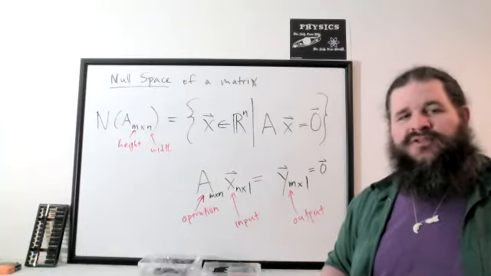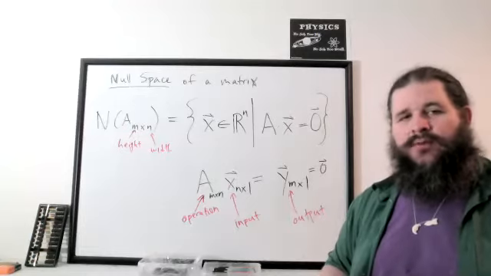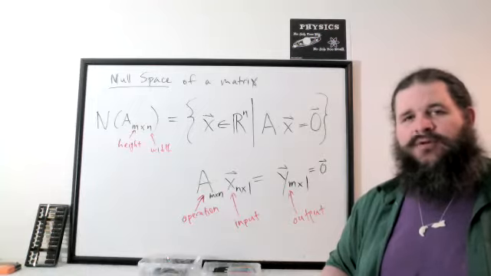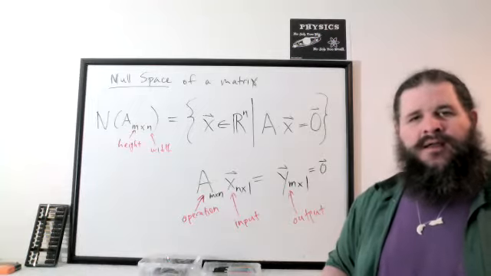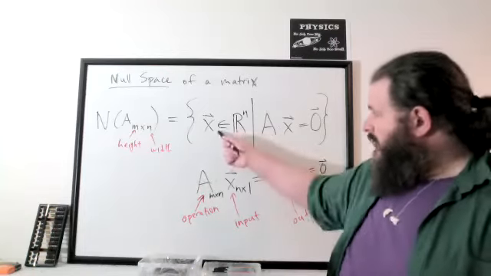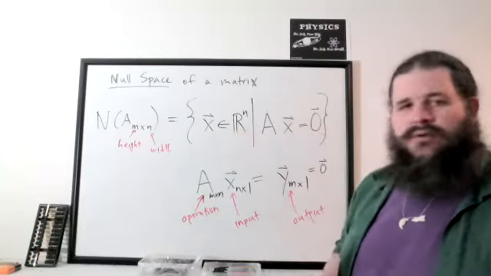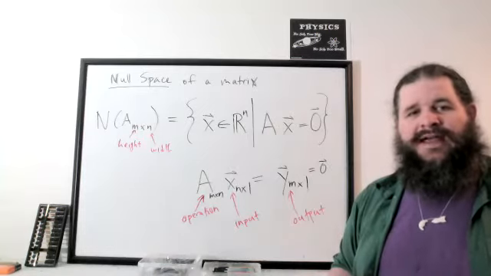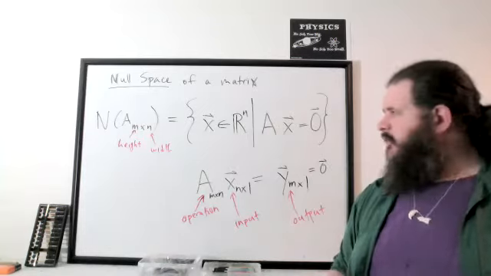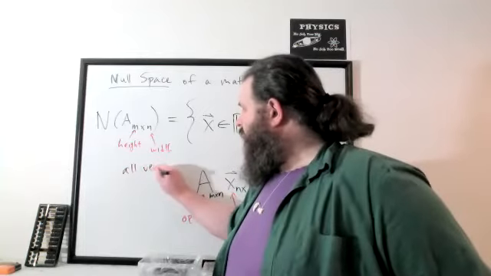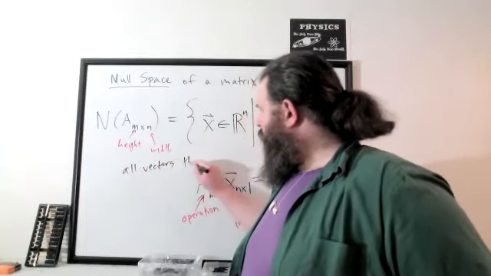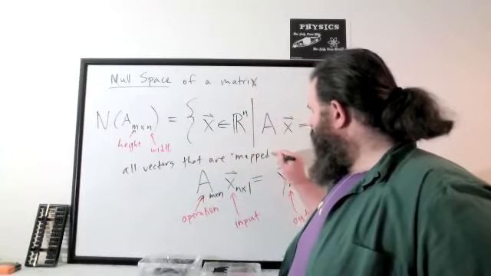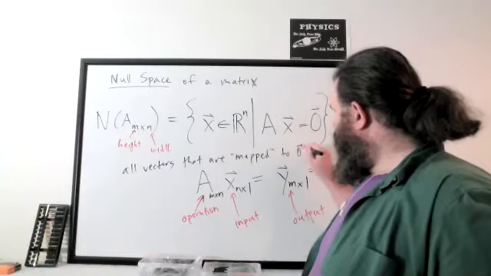In a way, this is very much like finding the roots, zeros or intercepts of a function. We're looking for all the inputs that cause the output to be 0. We call the collection of all the inputs for which the output is 0 the null space, the set of all vectors that turn into 0 when multiplied by A. This is sometimes referred to as all vectors that are mapped to 0.